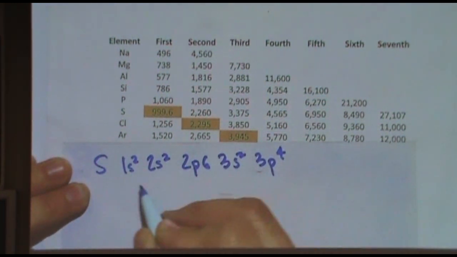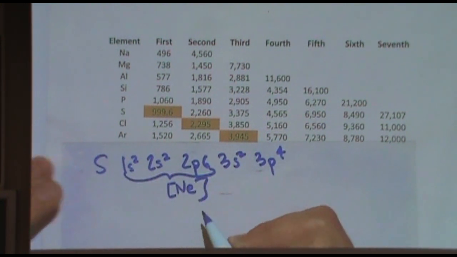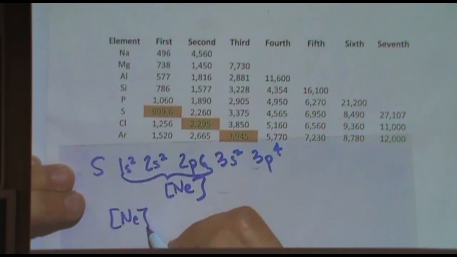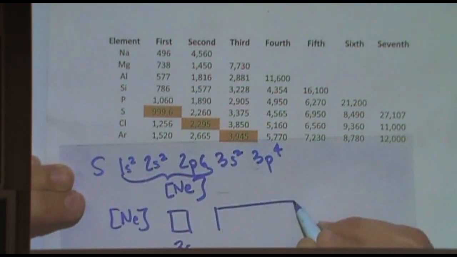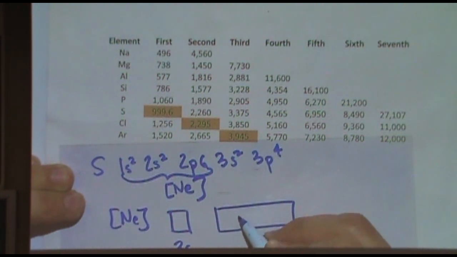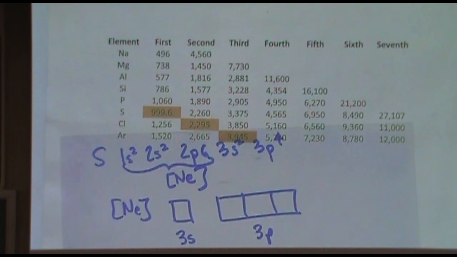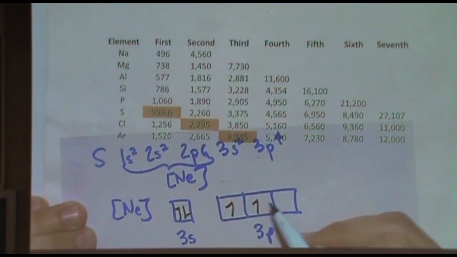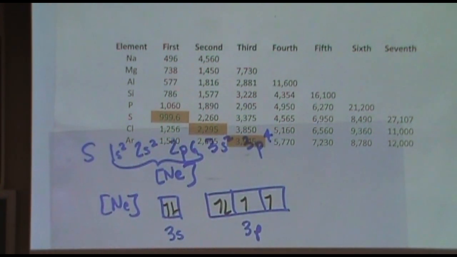Or I could have written neon, then 3s, 3p, 3s2, 3p1, 2, 3, 4. Well, it's easiest to lose that fourth electron from sulfur.